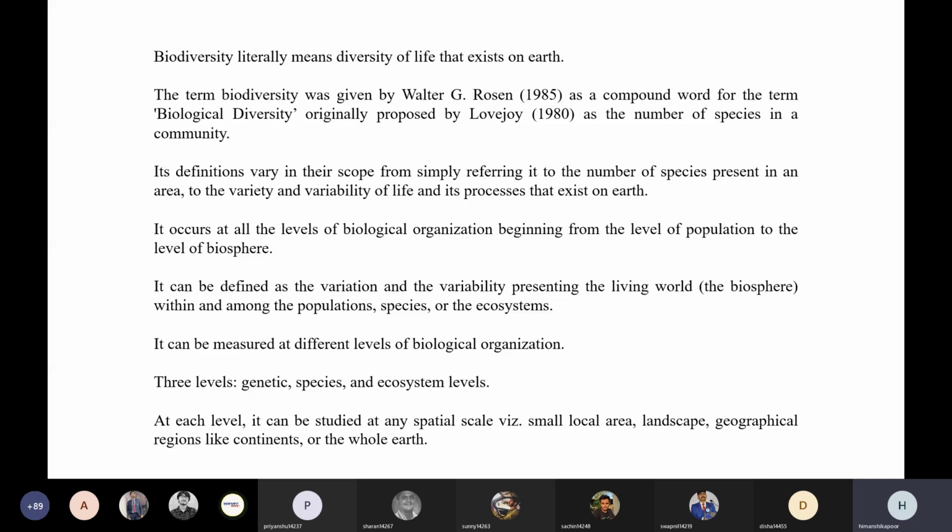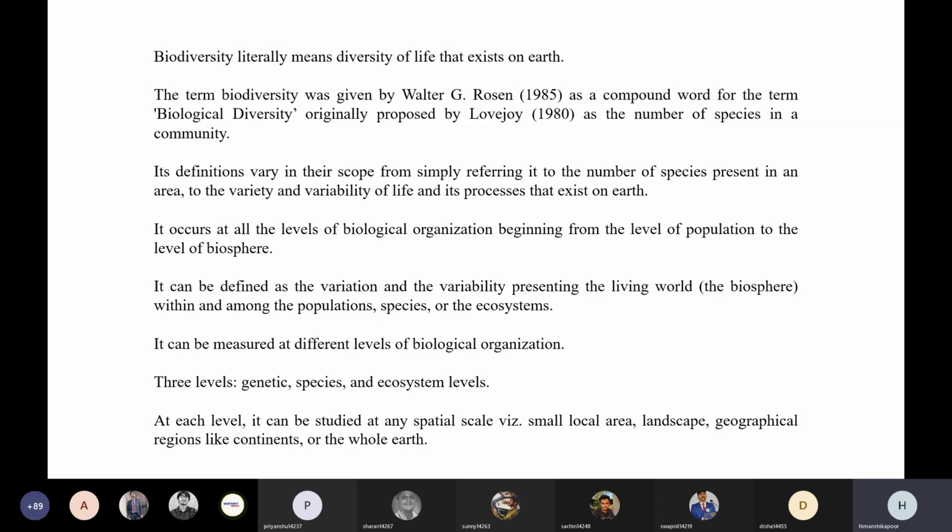So we have to do both qualitative and quantitative measurement of the biological diversity, and it is majorly done at 3 levels. We have the genetic diversity, we have the species diversity, and ecosystem diversity. So we are measuring the biodiversity at 3 levels: at the genetic level, at the species level, and at the ecosystem level. So next we will discuss the measurement of the biodiversity.